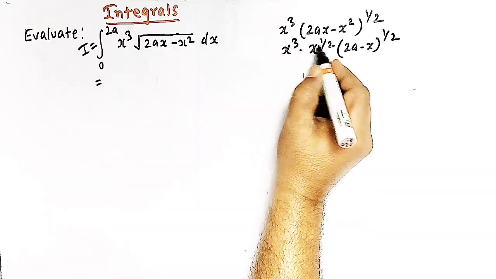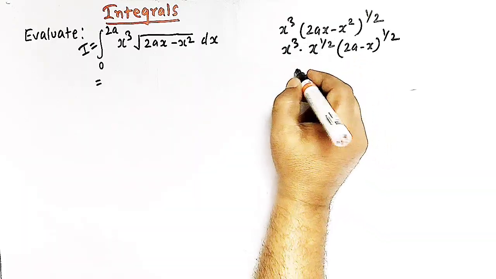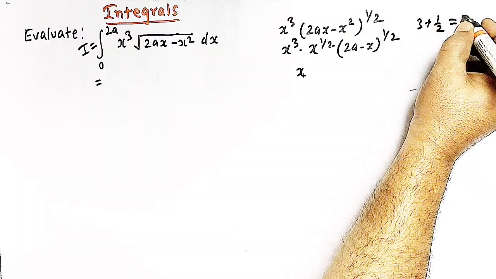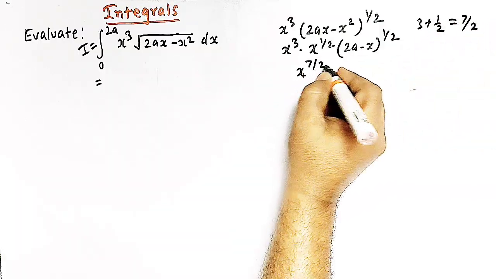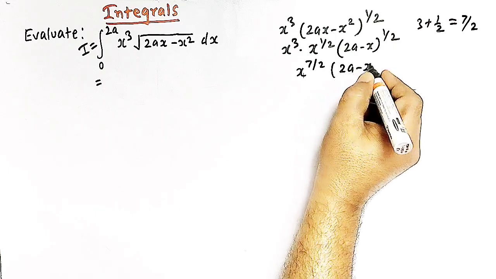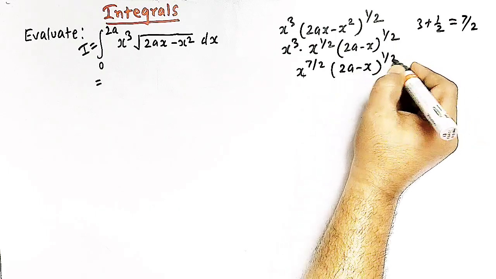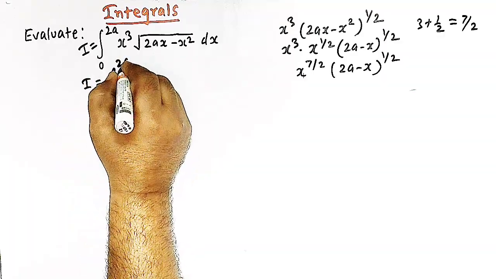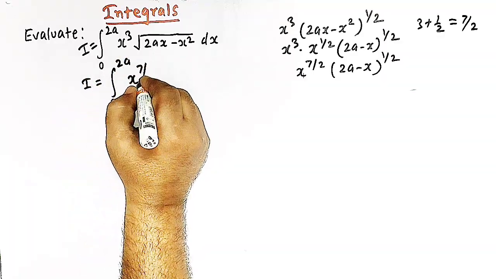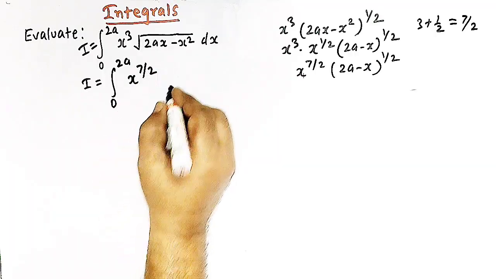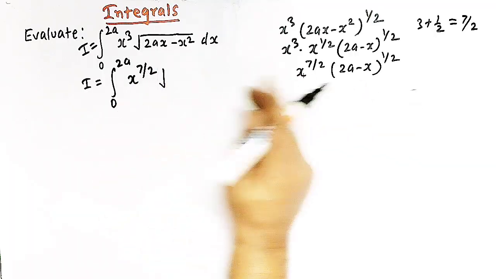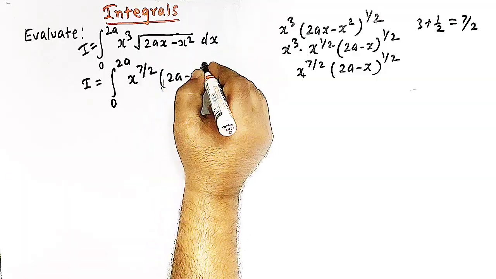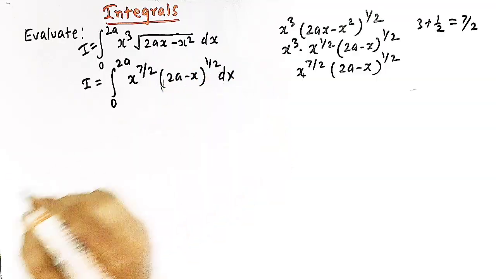Now we can add these two exponents: 3 plus half is 7 over 2. So we can now write this integral I as the integral of x raised to 7 over 2 times 2a minus x raised to half dx.